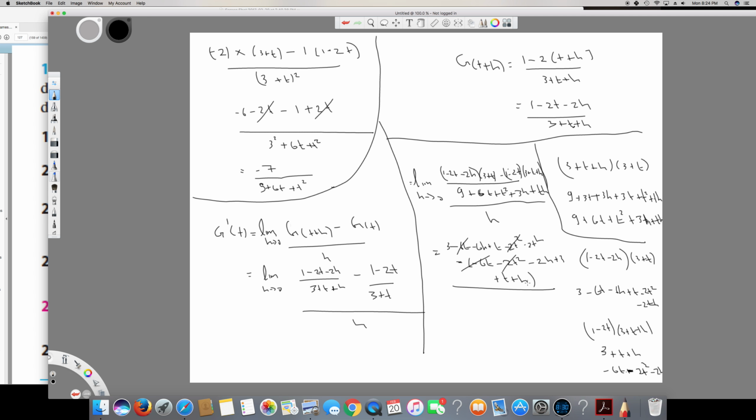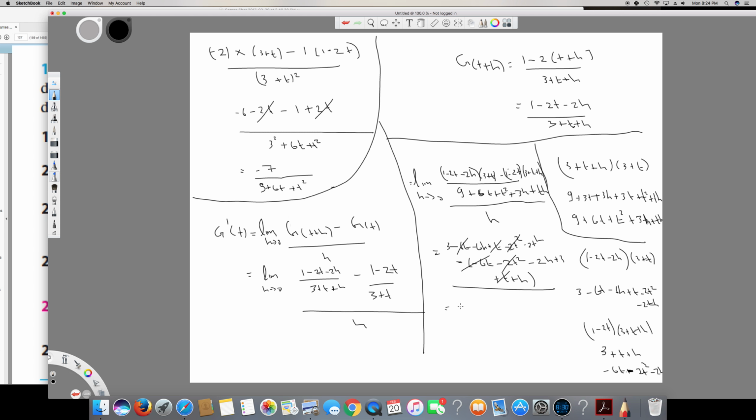And t cancels, because this t is positive and this t becomes negative since it's multiplied by negative. That's all we can cancel.